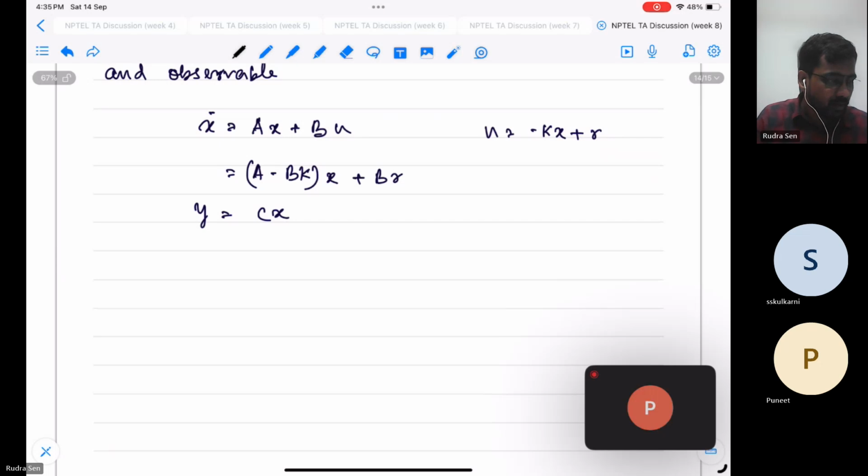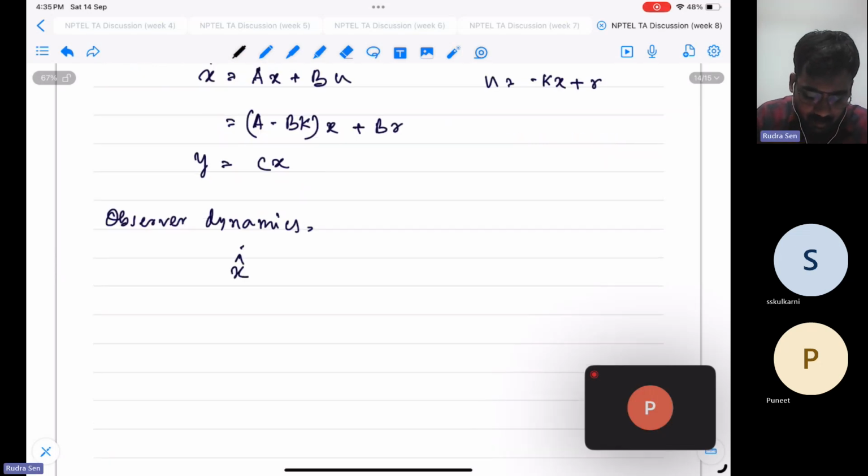Now, observer dynamics. What is the observer dynamics? The observer dynamics is x hat dot equals A x hat plus Bu plus L into (y minus y hat).